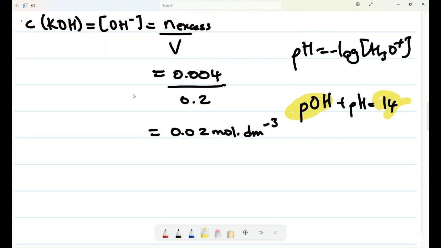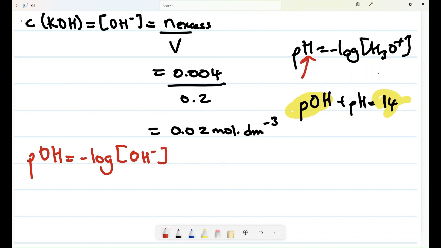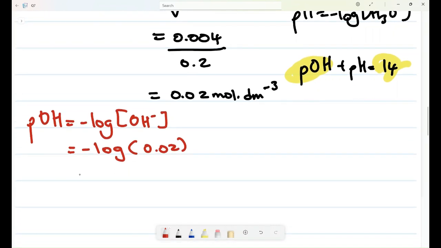Can you see that? So the pOH formula goes like this: pOH is equal to negative log of OH minus. The difference from pH is that pH uses H plus or H3O plus, but pOH uses OH minus. So it's negative log of 0.02, which gives 1.7.